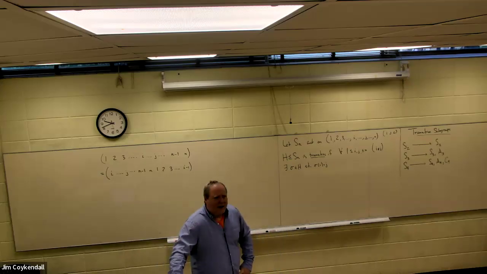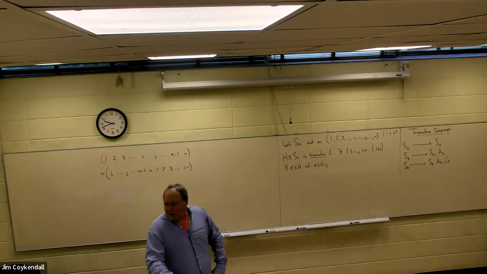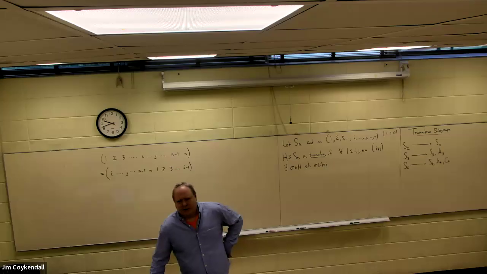By the way, if you square a 4-cycle, it's a product of 2 cycles, right? And so how many 4-cycles are there in S4? I guess there's 6 of them, right?